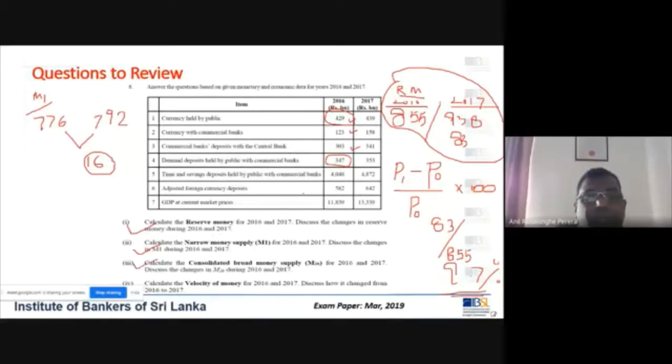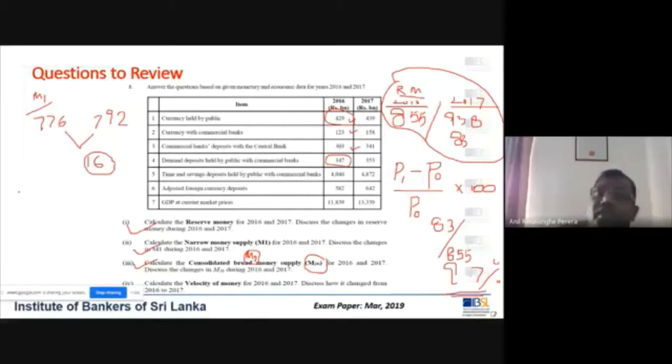Part 3. Calculate the consolidated broad money. Now here the question is a bit different from what we had earlier. Earlier we calculated M2. Now we are supposed to calculate M2B. How do you calculate M2B? What is the different definition? So M2B we calculate for Sri Lanka.